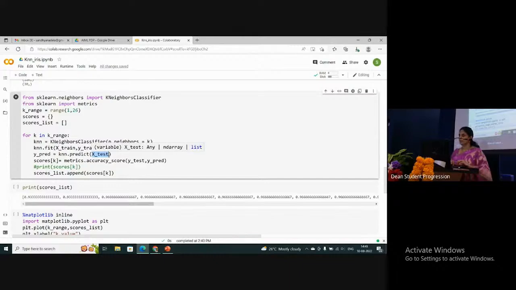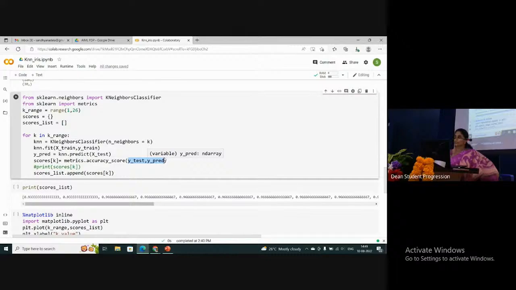When I apply it on the test sample, I already know y_test, but I'm not making use of y_test. I give the test data as a sample, and then I try to predict the value. Now I will compare y_predict with your y_test. They should be the same. How many y_predicts and y_tests are the same? That is what you are predicting here: accuracy. That is how I predict the accuracy, and then I calculate the scores of k.